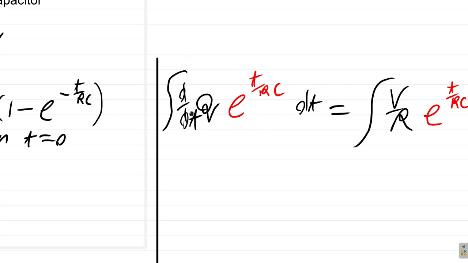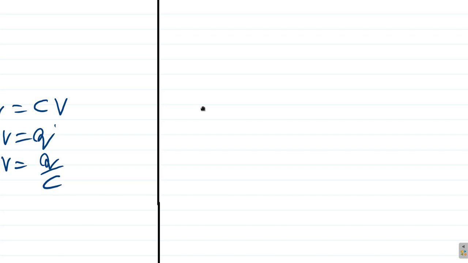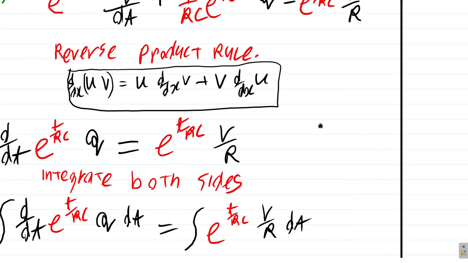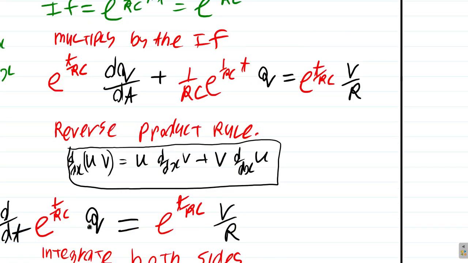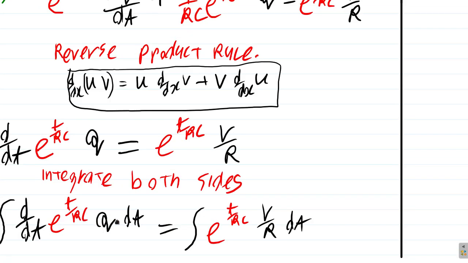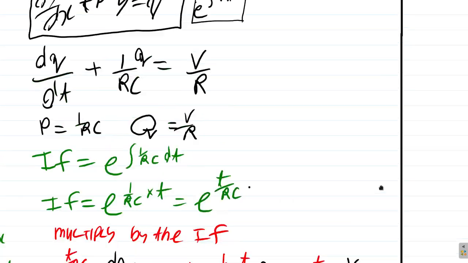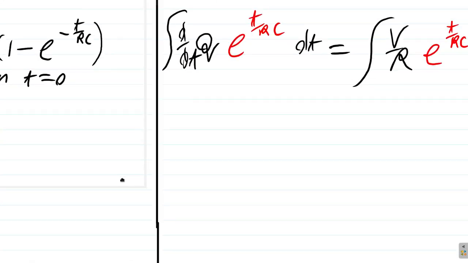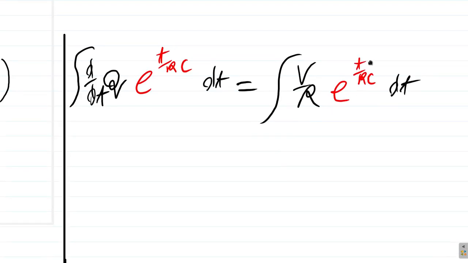The integral of d by dt of q e to the t over RC dt is equal to the integral of v over r e to the t over RC dt. Nice. Now, you are integrating a derivative.